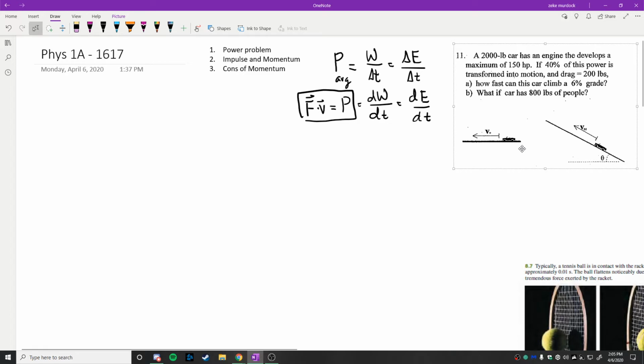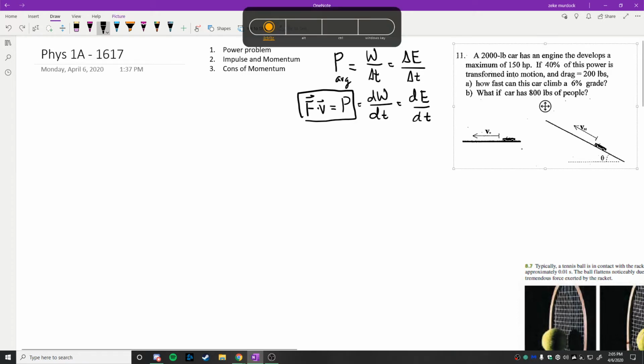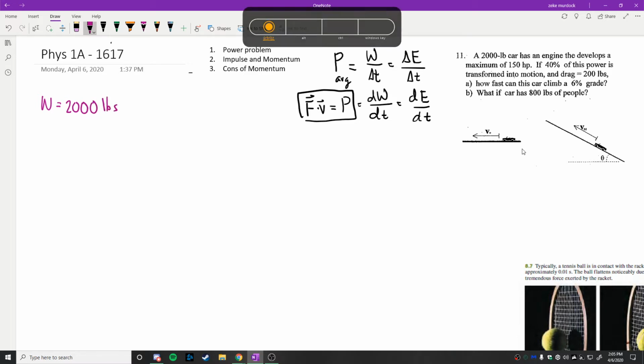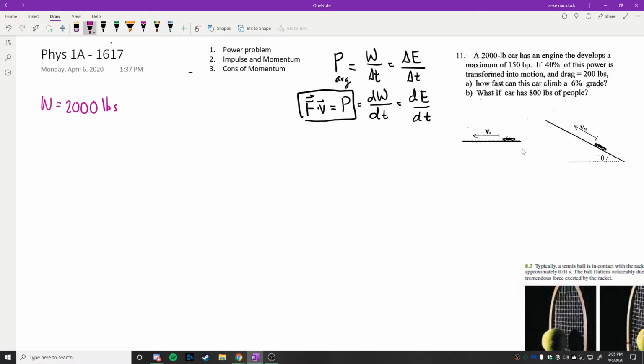A 2,000-pound car has an engine that develops a maximum of 150 horsepower. So we know we have a maximum. So we start off by knowing that we have a car that has a weight that's equal to 2,000 pounds, and has a maximum power output that's equal to 150 horsepower, but it's saying that only 40% of this horsepower is actually transferred into motion.